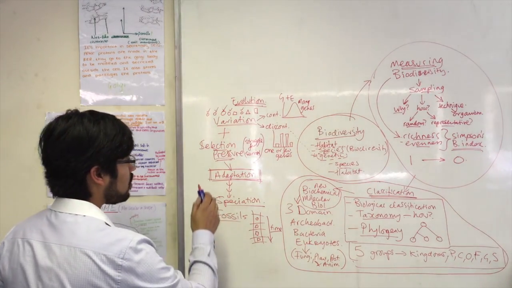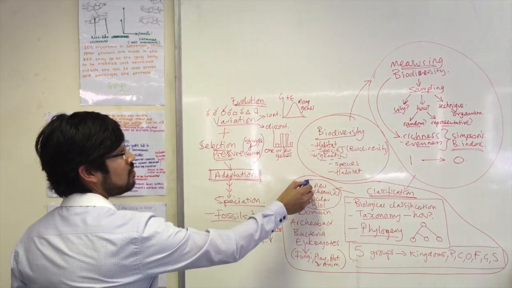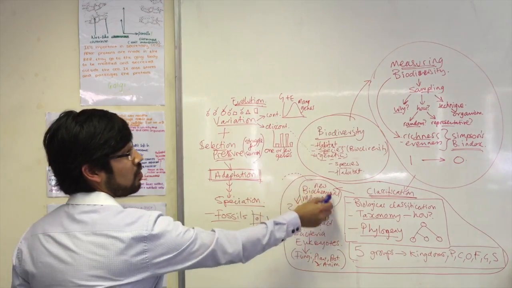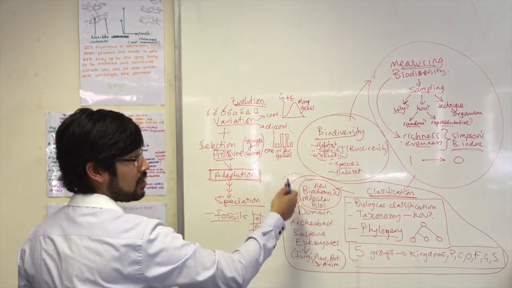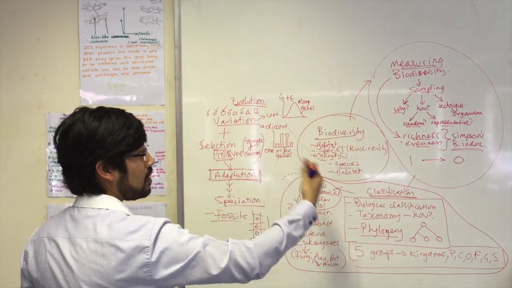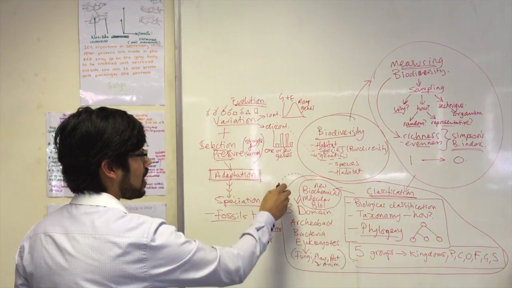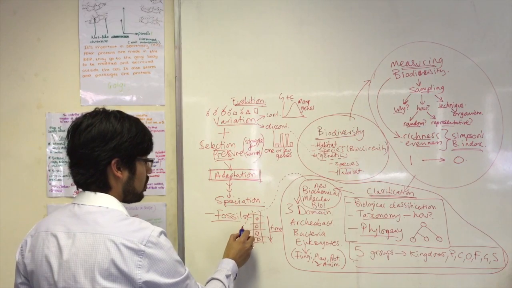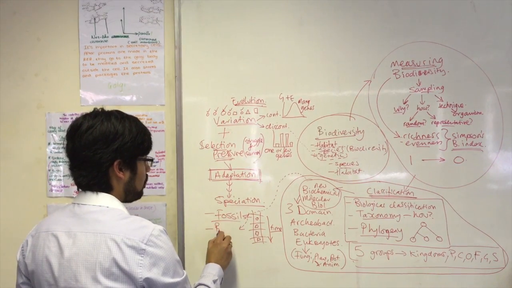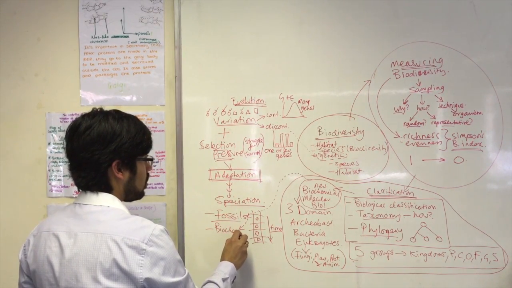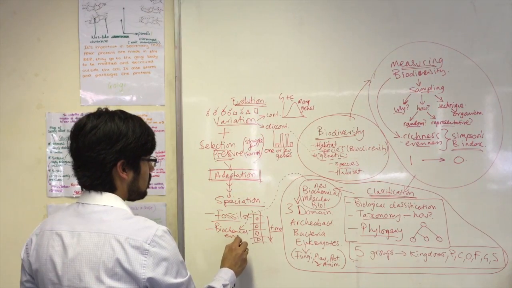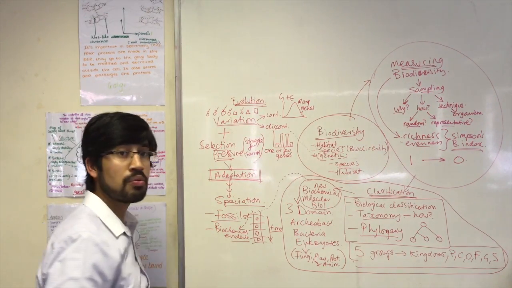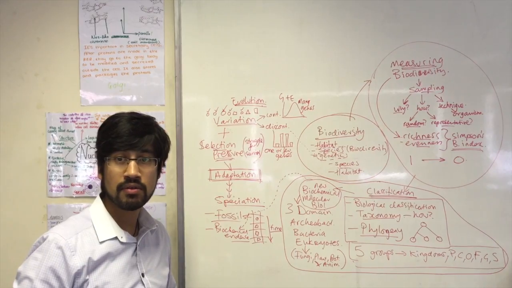And also, with more recent evidence, the sequences of proteins, the amino acids in proteins, the sequence of bases in DNA, that can also give you evidence for evolution. So, biochemical evidence is also incorporated into that.